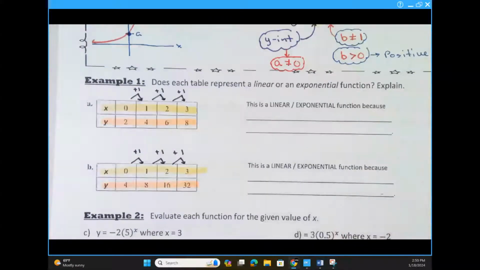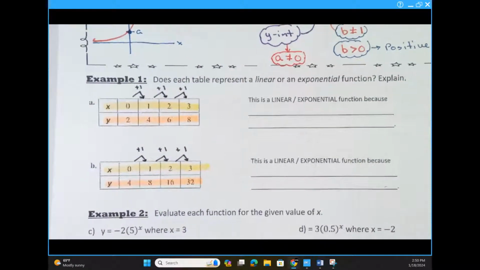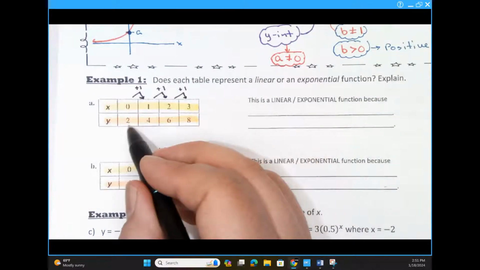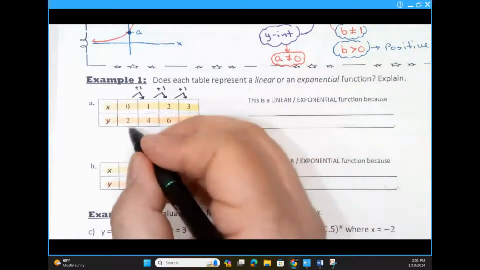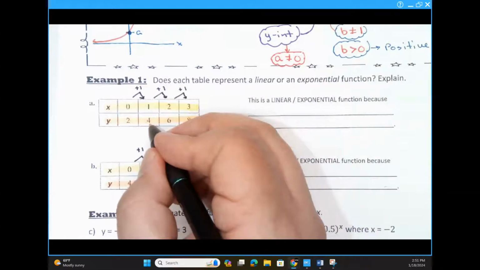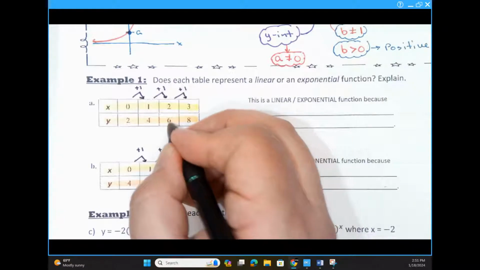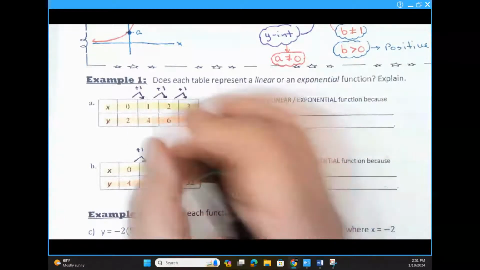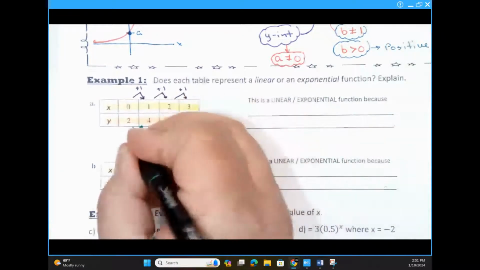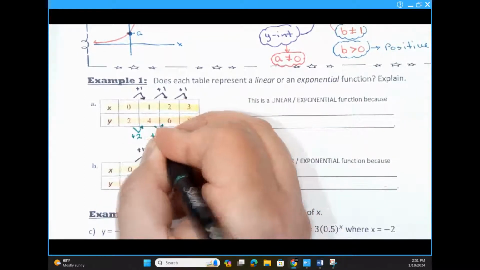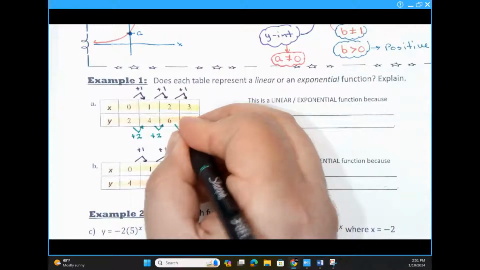Well, then I'm going to look for my y values. So I'm going to try to find a pattern. Now, I notice they're getting bigger and bigger and bigger. Again, that's adding or multiplying. Well, let's see. 2 times 2 is 4. 4 times 2 is 8. So no, that didn't work. That should have been an 8, not over here, but here. Well, then the pattern for this one, they're adding by 2. 4 plus 2, 6 plus 2.